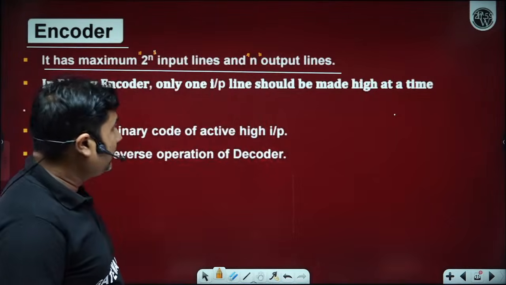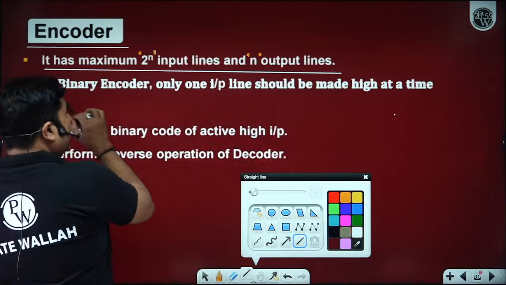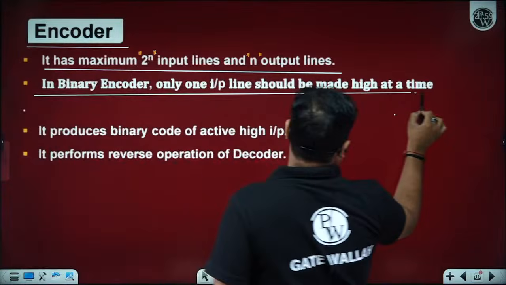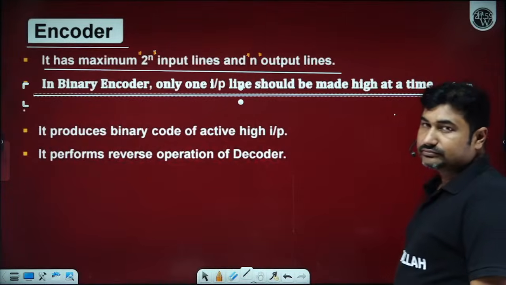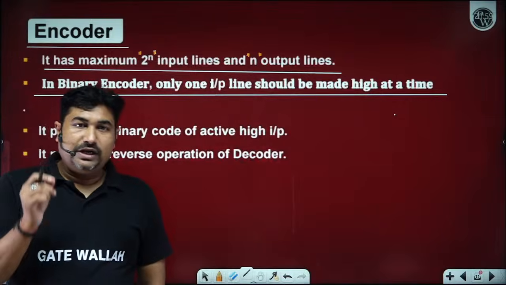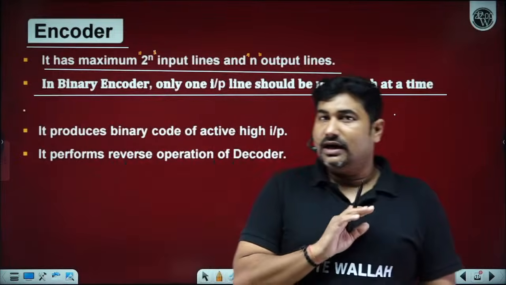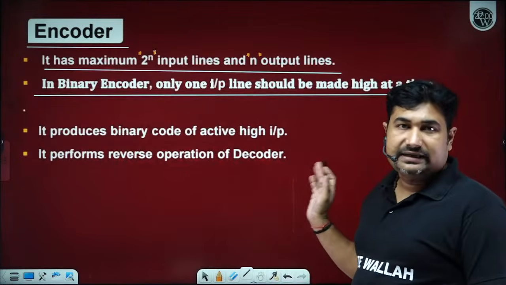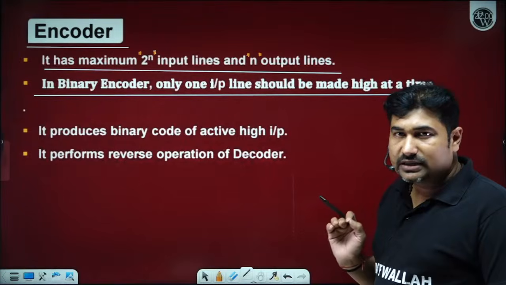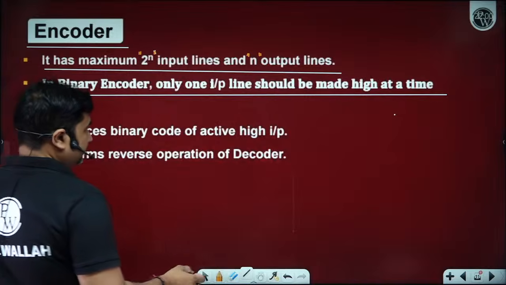Next, in a normal binary encoder, only one input line is high at a time. All other inputs are 0 for that time.